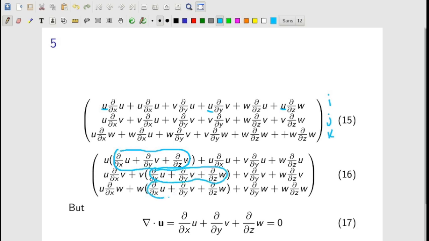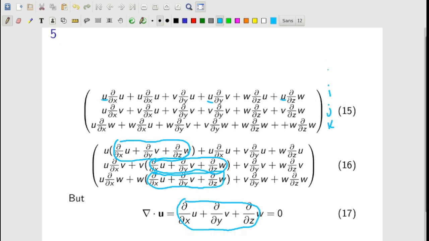And it happens that if you have an incompressible flow, the divergence of U is equal to 0. So the continuity condition here will give us the divergence of the vector U equals 0. So this here is equal to 0. So this vector here can be simplified by making those three terms 0.